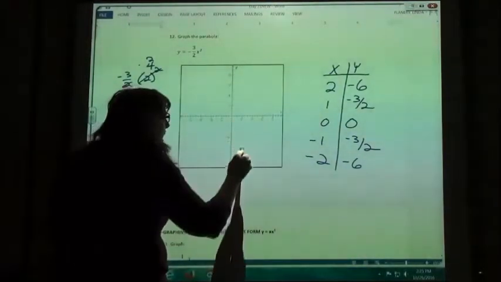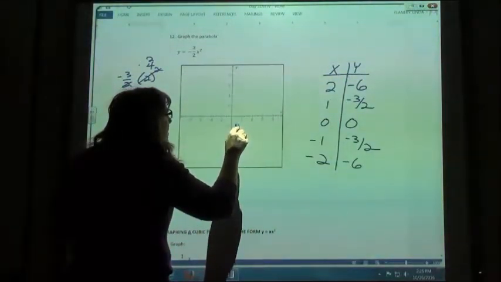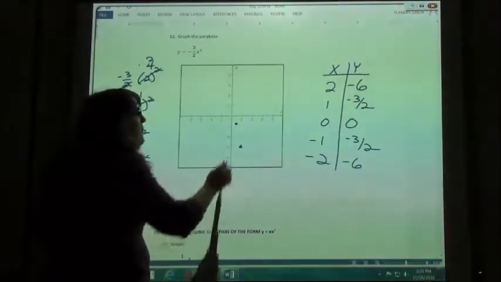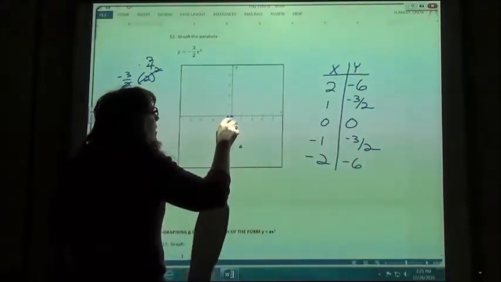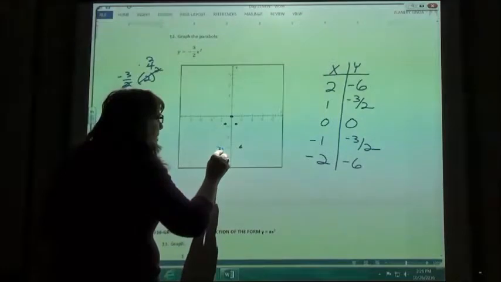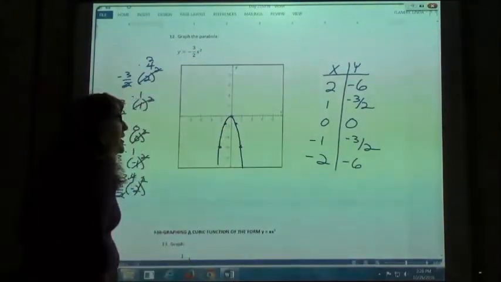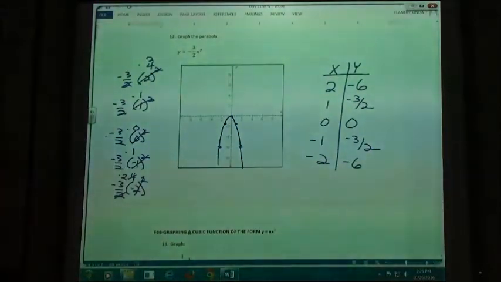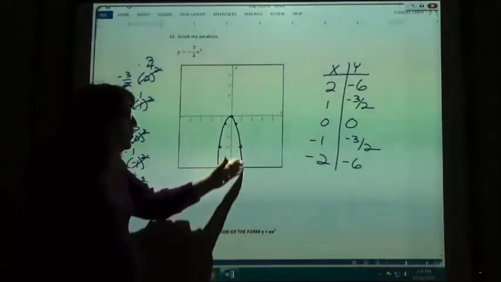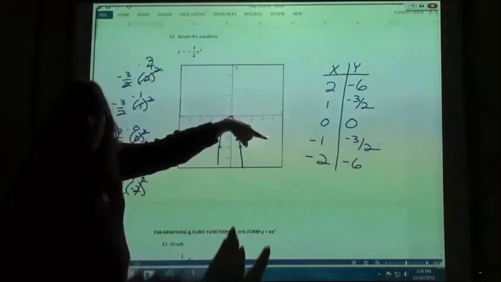So I have 2, negative 6; 1, negative 3/2, which would be negative 1.5; 0, 0; negative 1, negative 3/2; and negative 2, negative 6. And again, I'm just going to hit the graph button, which is going to connect my dots and make my parabola for me. If you hit graph and it's not looking like that U shape, something's wrong in your table.